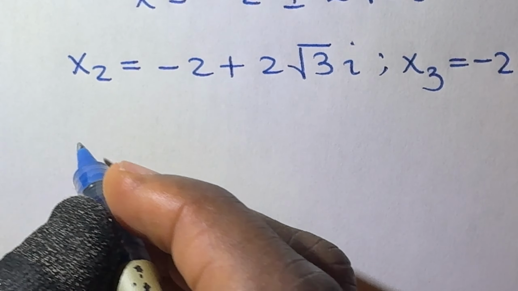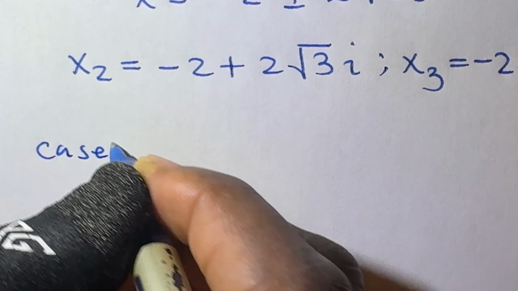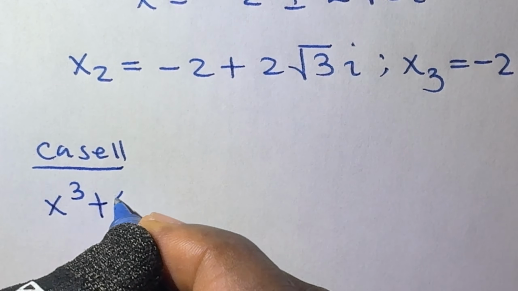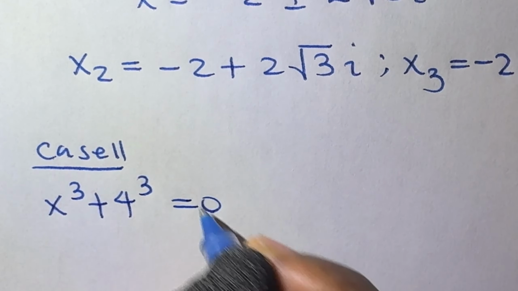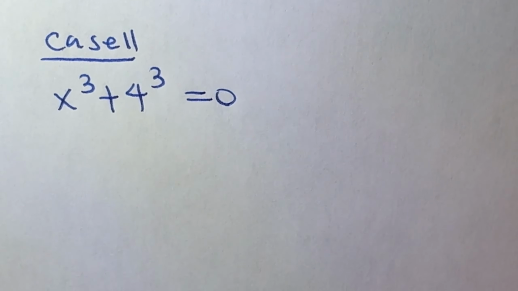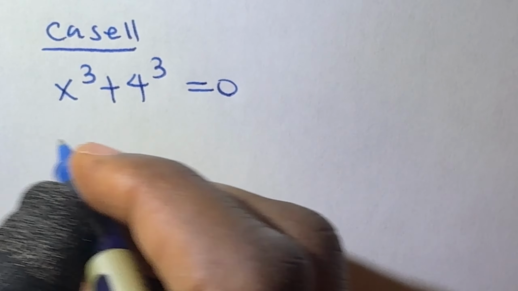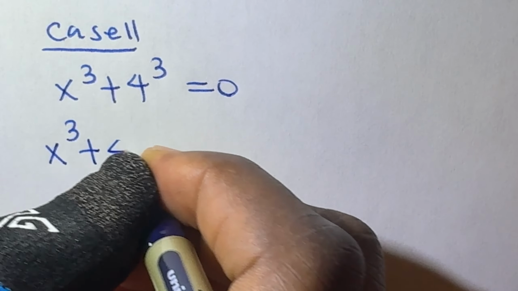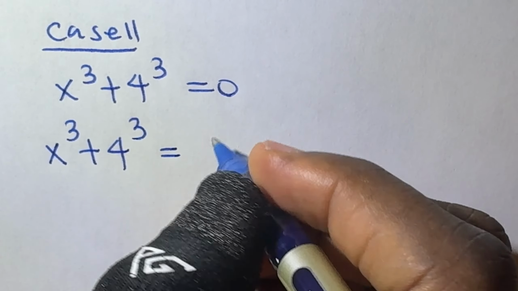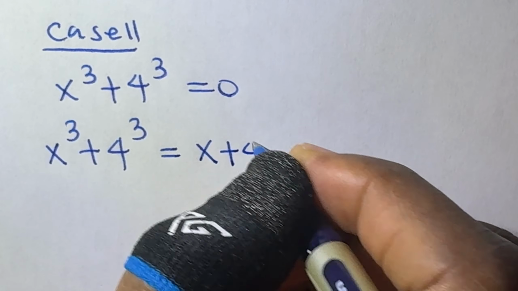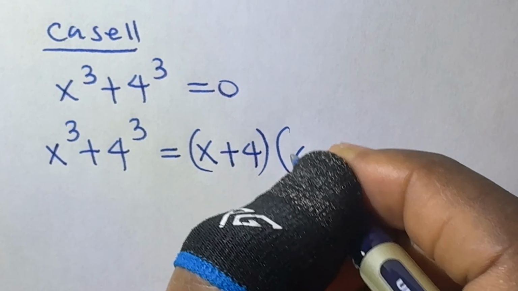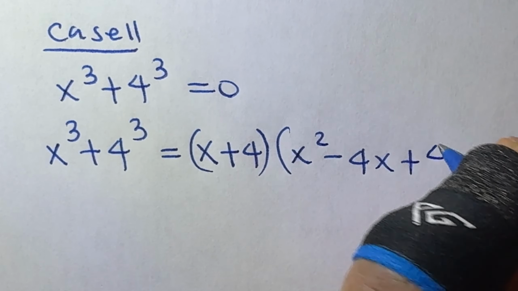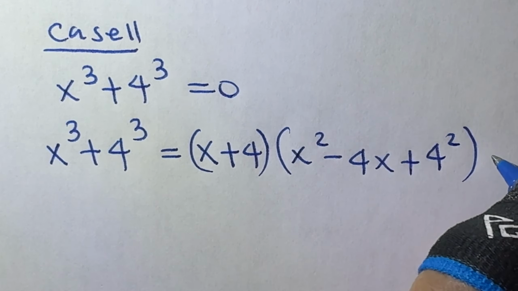Let us now go back to case 2. For case 2, x raised to power 3 plus 4 raised to power 3 is equal to 0. To factorize this, x raised to power 3 plus 4 raised to power 3 by identity is going to give us x plus 4 into x squared minus 4x plus 4 squared, then equal to 0.